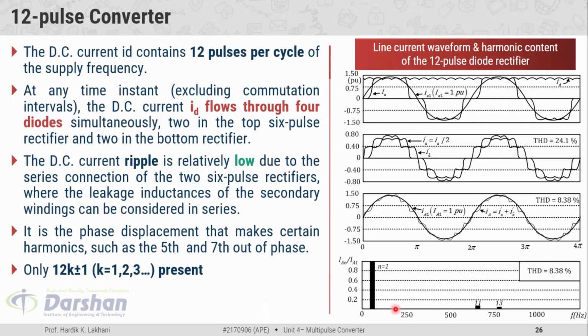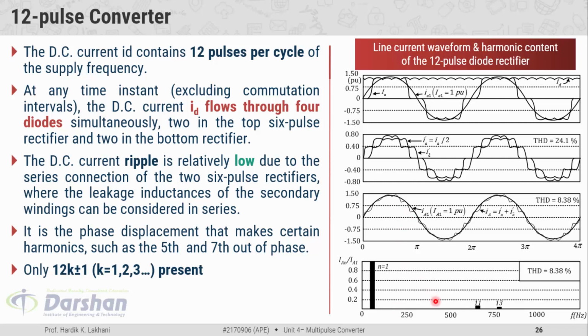You can see that the third harmonic is absent, and that is because of the 3-phase balanced system, and all the triplen harmonics are absent. Apart from that, even order harmonics are also absent because half wave symmetry is present in the line current.